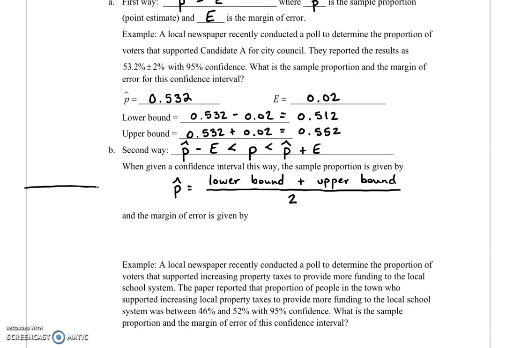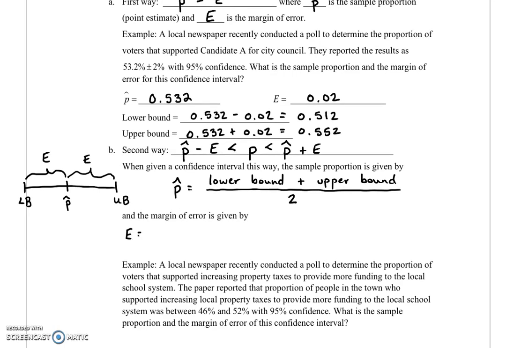Here's our interval. Here's the upper bound. Here's the lower bound. P hat is exactly halfway between them. This distance and this distance should be the same because p hat's halfway in between them. And that distance is the margin of error.